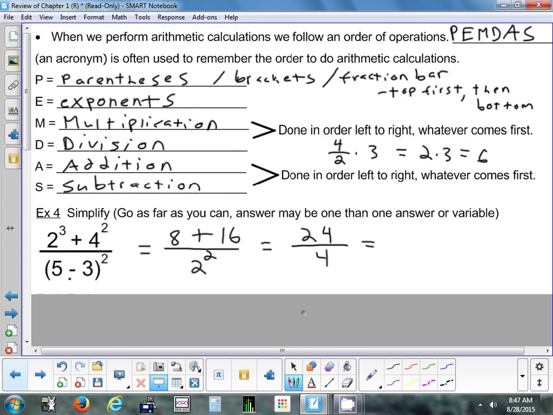Okay, what did Mr. Rice say about this? What can we do here? Yeah, go ahead, Maria. We can simplify it. What is 24 divided by 4? Or I think 4 times what gives you 24? 4 times 4 is 16. 4 times 8 is 32.